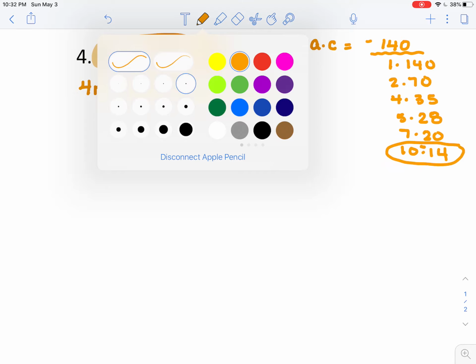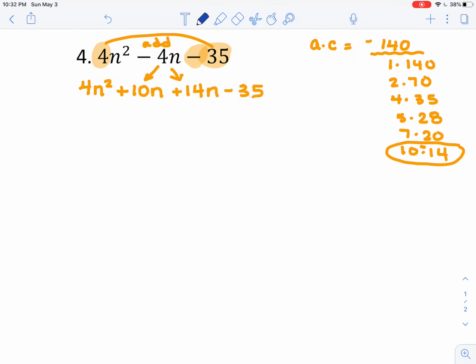Okay, then I do my factor by grouping now that I have 4 terms. So when I factor by grouping for the first 2 terms, the GCF is 2n. When I factor out that 2n, I'm left with 2n plus 5. In the second group, the GCF is 7.